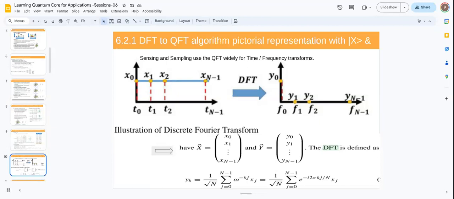Okay, no problem, so let me continue. Interrupt me whenever you find anything you want to say. Okay, so let me continue. So what we have here is a discrete Fourier transform. Algorithms are important for implementation of quantum, and in this... Hello. Yeah, go ahead.